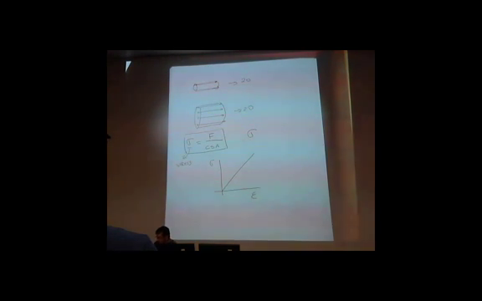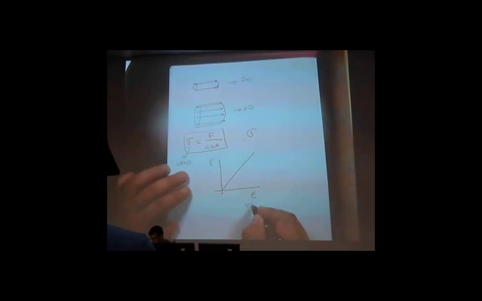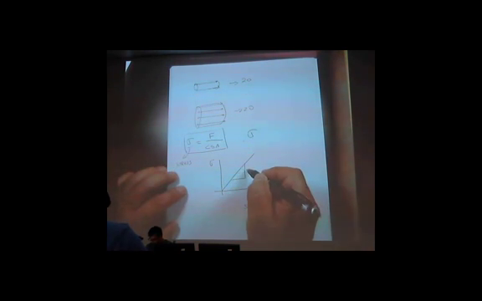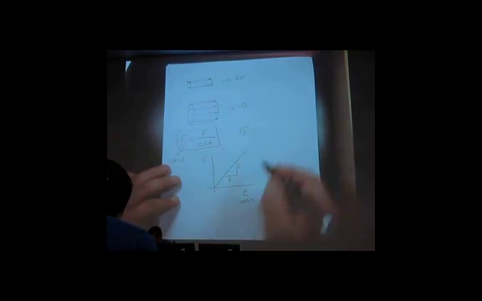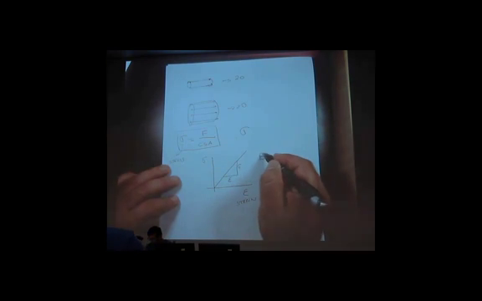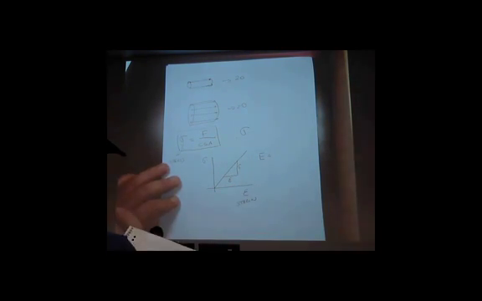This is all in the notes. When we do stress and strain, here we have stress, here we have strain. The modulus of the slope of this line is what we call the Young modulus.